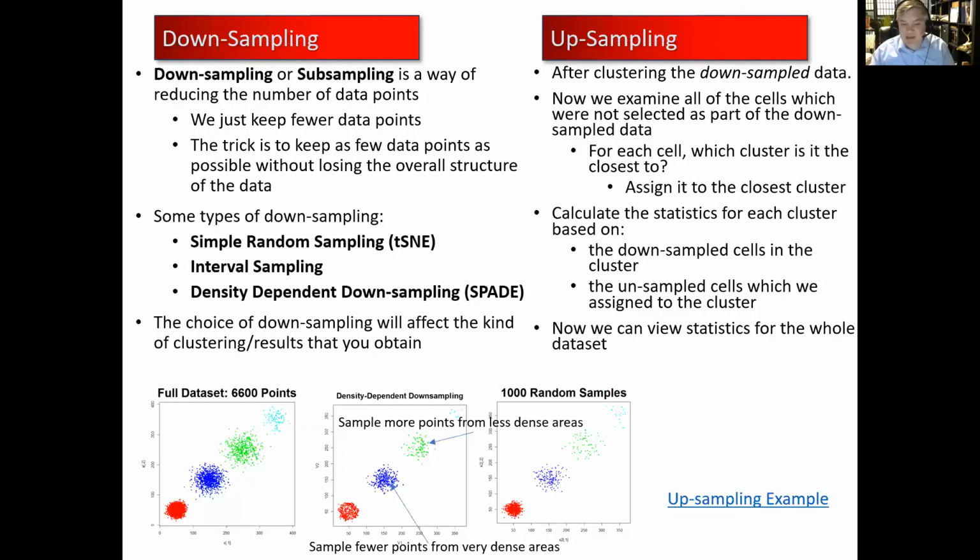And we make an estimation about where those events should fall in the t-SNE X and Y data sets. So when we do our upsampling, we can view the statistics for the entire data set of say 100,000 data points instead of just the 50,000 that we downsampled to.